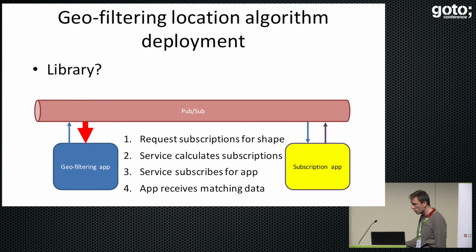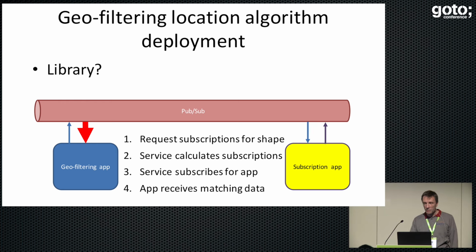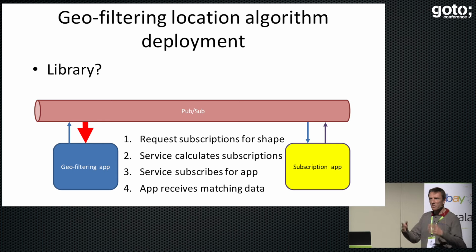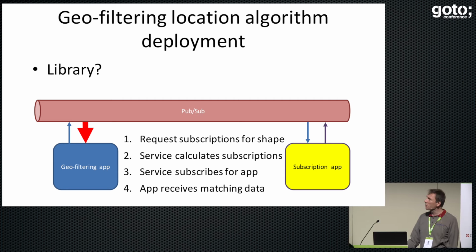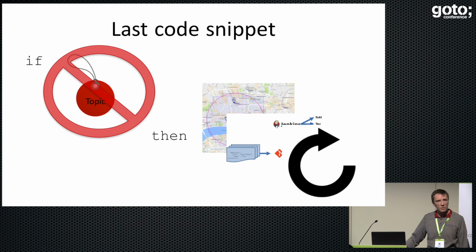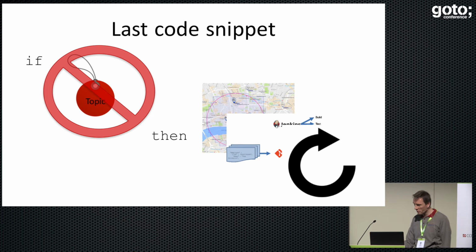So that's really all I had in terms of use cases. We have, obviously, a lot more use cases than that, but those are some of the interesting aspects of topic routing and filtering that maybe you could apply to what you're doing. This is a developer conference, so we always have to have a code snippet, right? So this is my last code snippet, and it goes something like this.